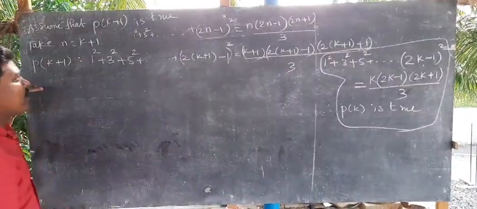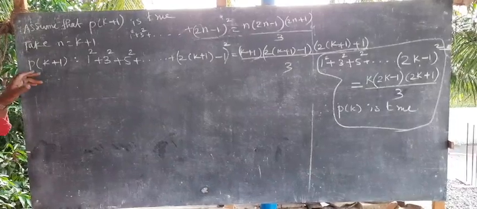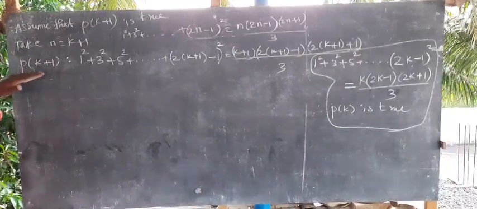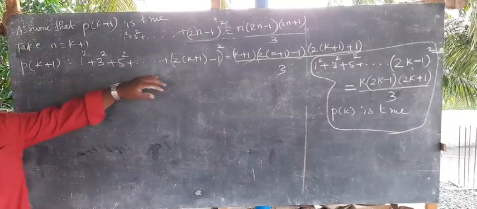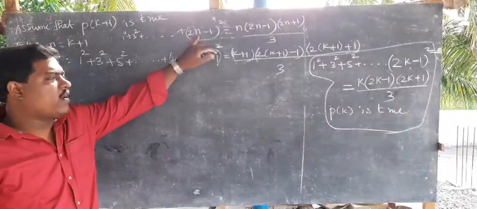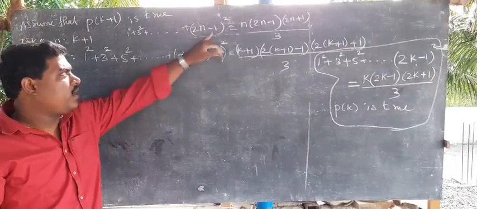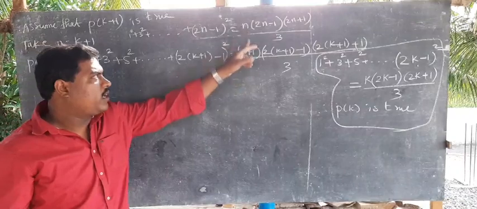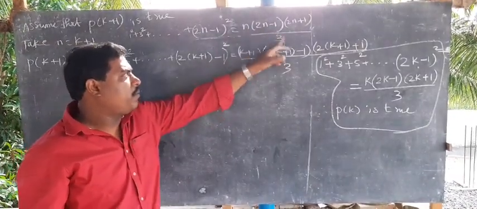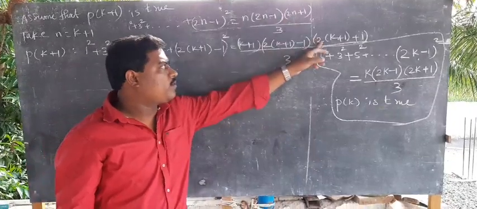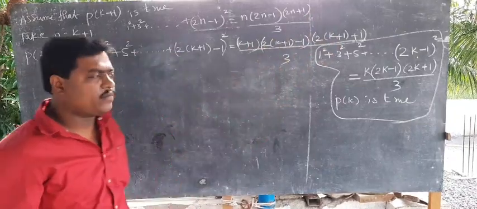Listen, we are applying n equal to k plus 1. Where we are having n, we apply k plus 1. So P of k plus 1: 1 square plus 3 square plus 5 square and so on. Here for this n I applied k plus 1: 2 into k plus 1 minus 1 whole square. This is equal to k plus 1, 2 into k plus 1 minus 1, and 2 into k plus 1 plus 1 by 3.